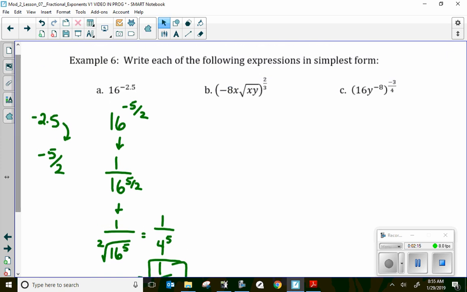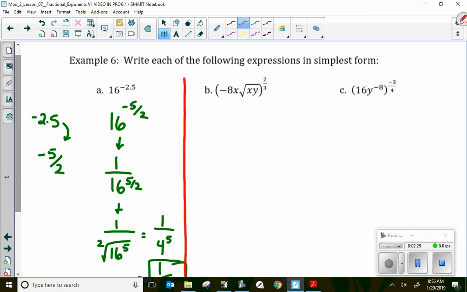Let's take a look at B here. Now that 2/3 applies to everything inside of our parentheses. So my negative 8 gets a 2/3 exponent.